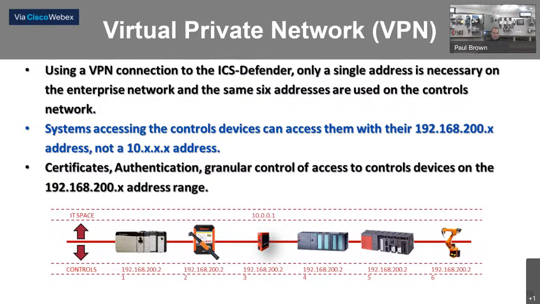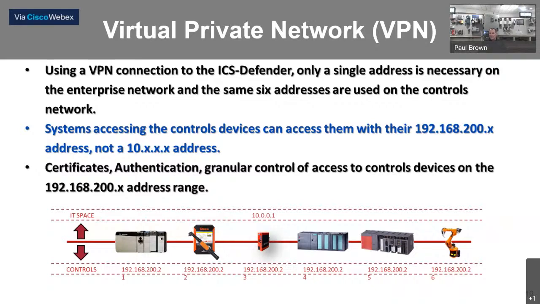In a virtual private network, as I stated earlier, for the last 2 years we've probably all become very familiar with VPNs when we're accessing our corporate networks from home. So in this example, your computer is sitting in the IT space.